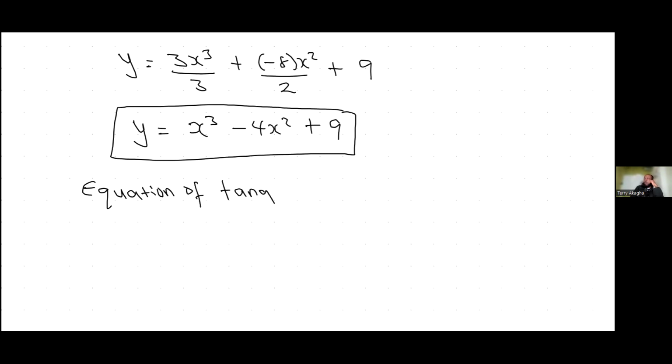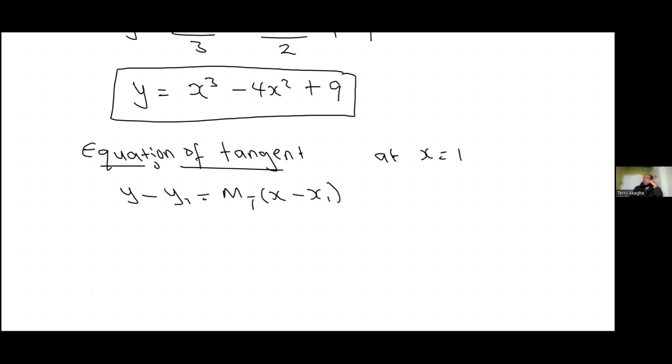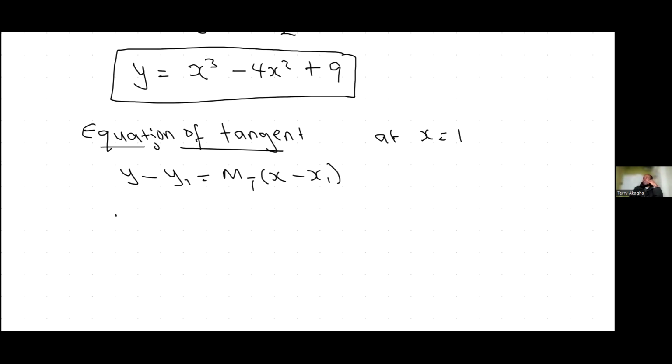So you have to use the formula, y minus y1 is equal to mt times x minus x1. Like I said, some of you use y equals mx plus c, which is still fine, it doesn't matter. So we're looking for the equation of the tangent at x equal to 1. The first thing I need to find is the mt. The mt for this is going to be the same thing as dy over dx.